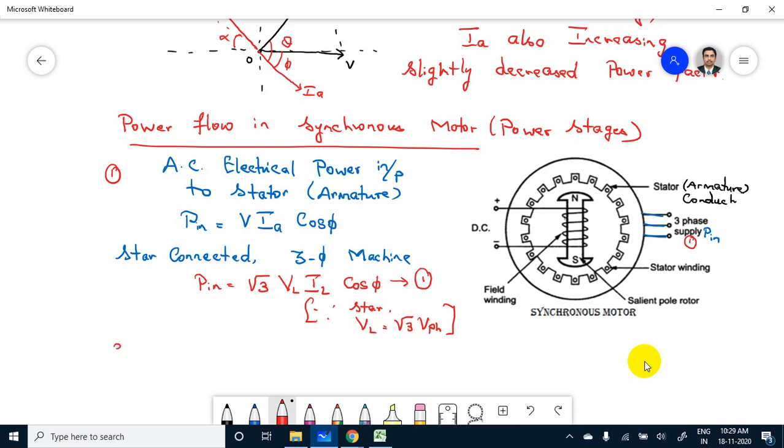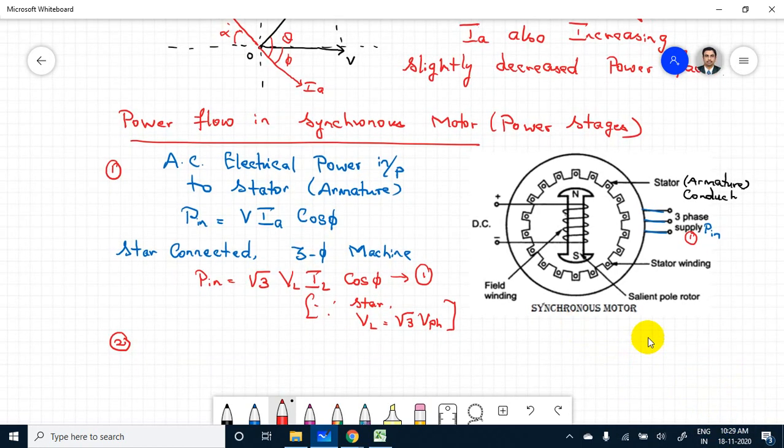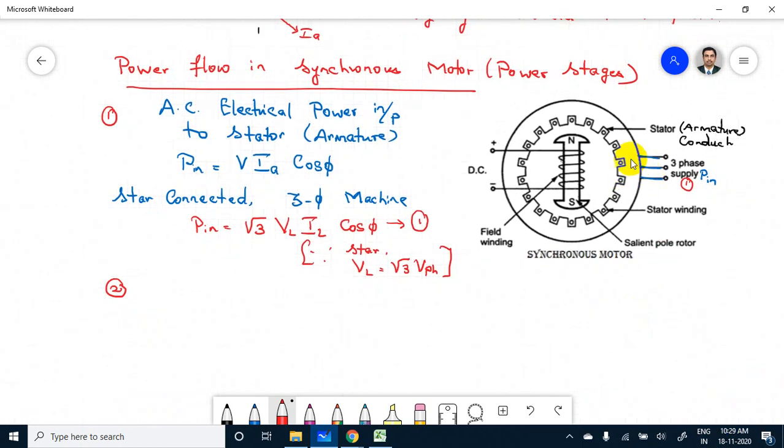Next, second stage. Once you give an input, while you are giving input to the armature conductors, here this is the armature conductors. Here only the windings are available. Understood? So in armature conductors there will be losses.